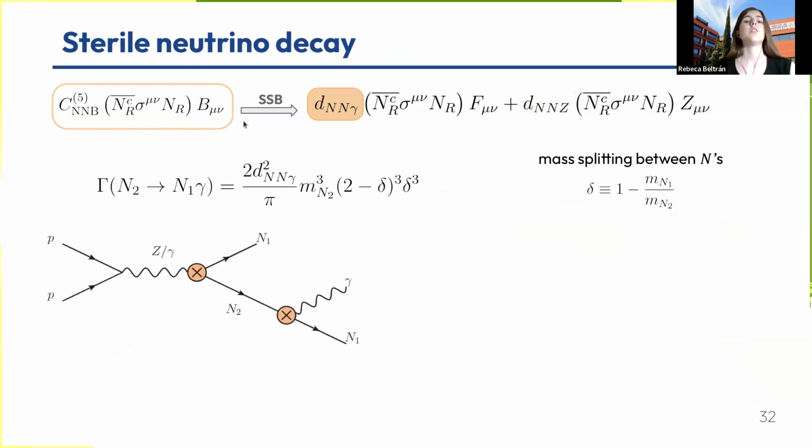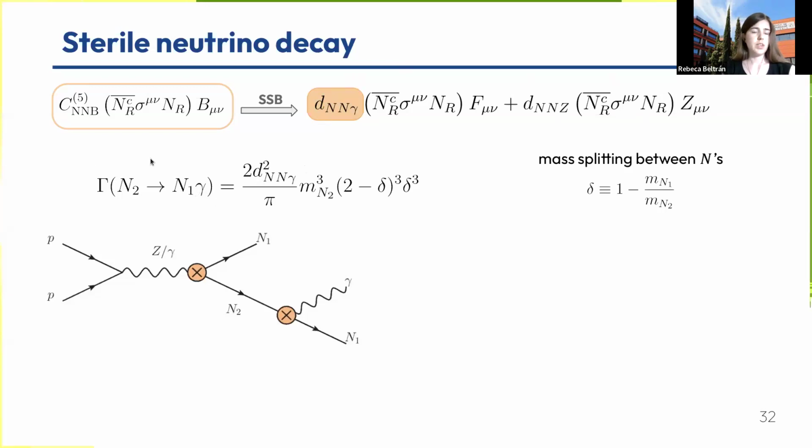So the N2, which is the heavier one, can decay to N1 plus a photon or plus a Z. However, if we consider two heavy neutrinos with very similar masses, then there's not enough space to produce the Z. So we will restrict ourselves for simplicity now in this case to this decay mode only, the one to the photon channel.